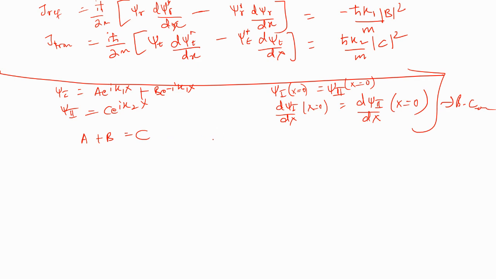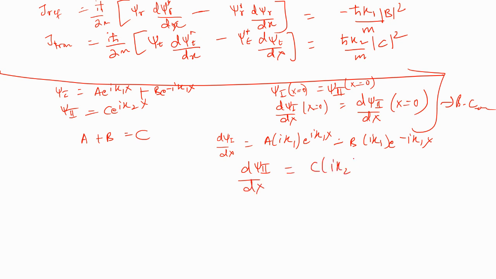Now for the next boundary condition, first of all find d psi 1 by dx, which is iota k1 a e raised to the power iota k1 x plus b iota k1 e raised to the power minus iota k1 x, and d psi 2 by dx is equal to c iota k2 e raised to the power iota k2 x. Again d psi 1 by dx is equal to d psi 2 by dx for x equal to 0.